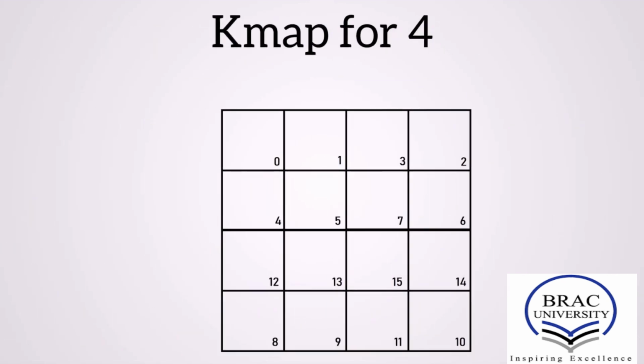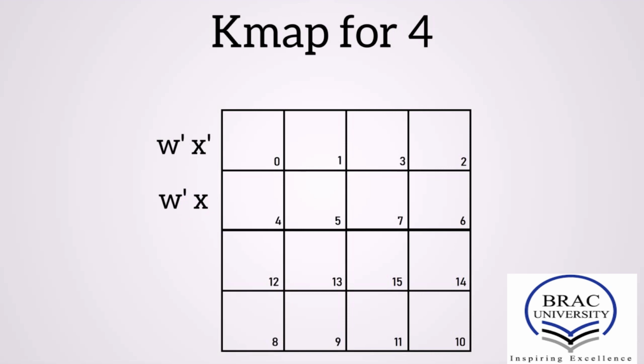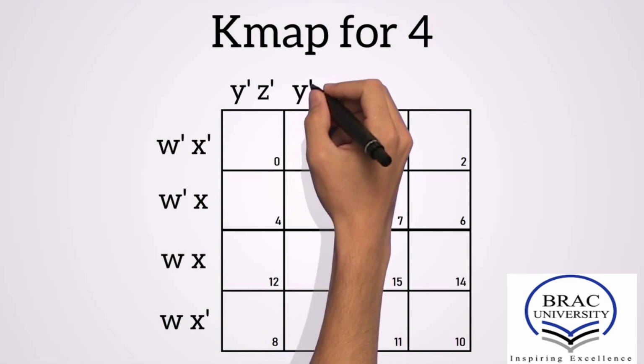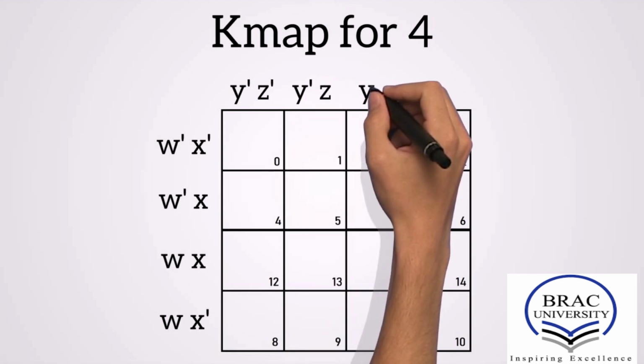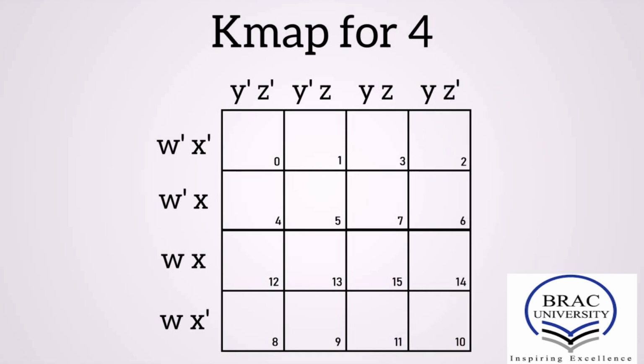So after labeling, we get w prime x prime in the first row, w prime x in the second row, wx in the 3rd row, and wx prime in the 4th row. Column-wise, we get y prime z prime in the first column, y prime z in the second column, yz in the 3rd column, and yz prime in the 4th column.